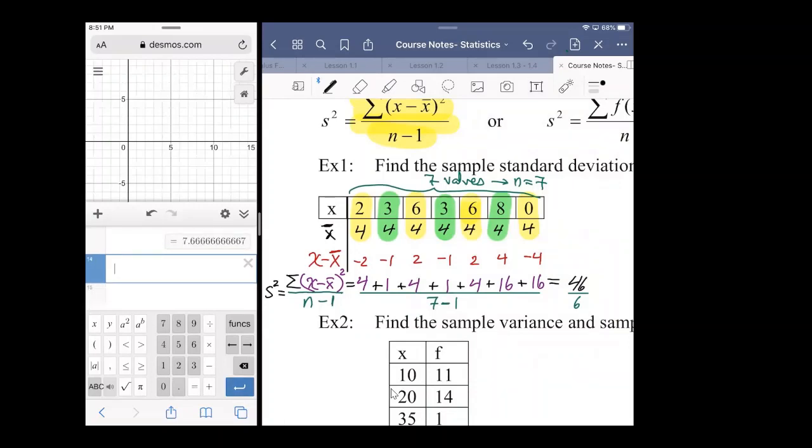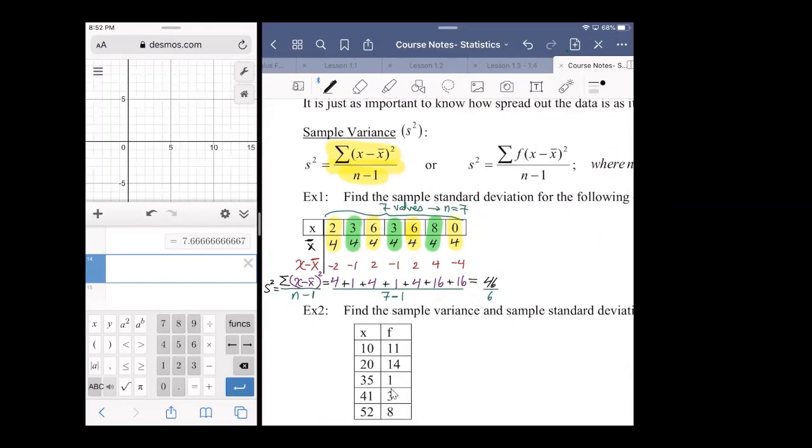That's fine, but we're not done because the question said find the sample standard deviation. Sample standard deviation is equal to S, which is going to be the square root of the S squared that we just came up with.